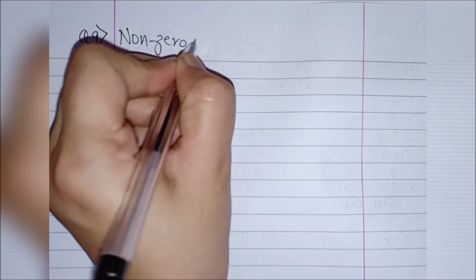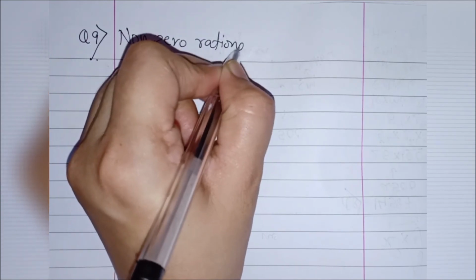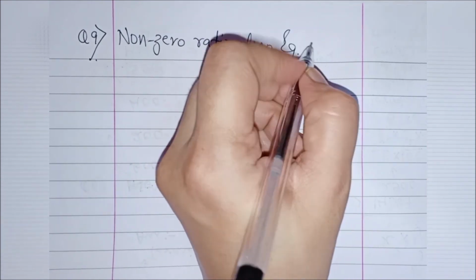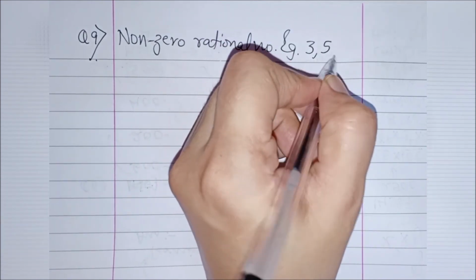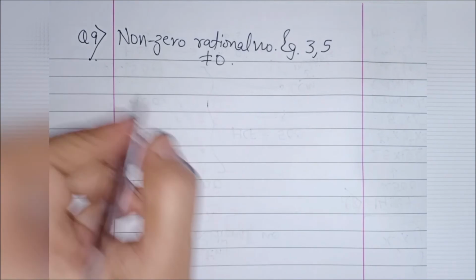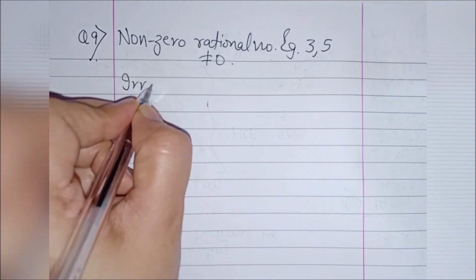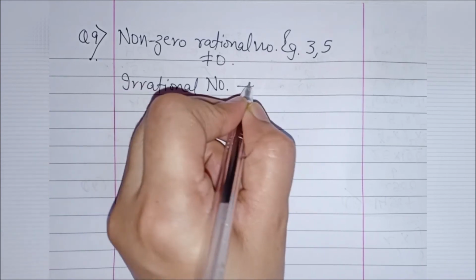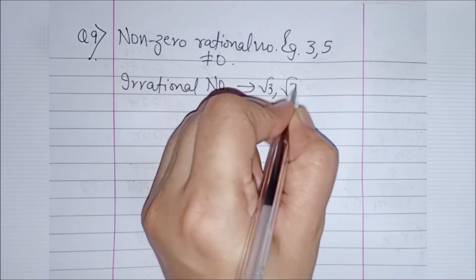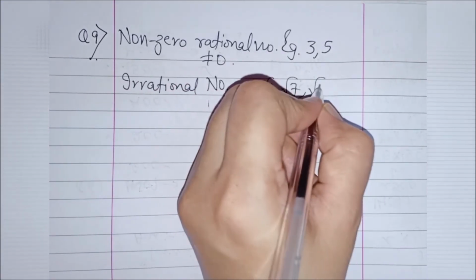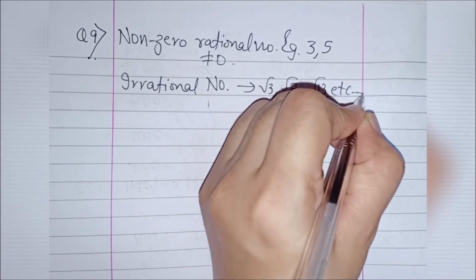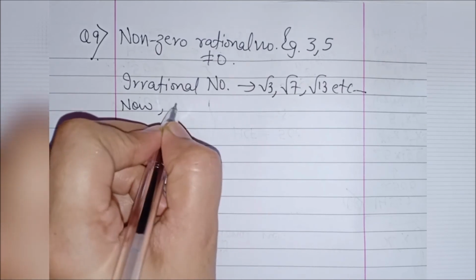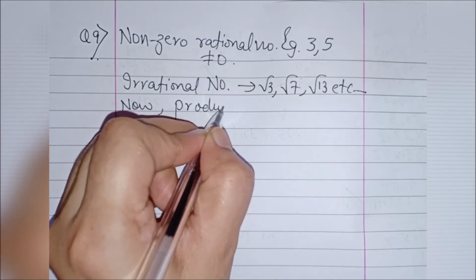So here the condition is one of the numbers is non-zero rational. So let's take an example, 3 or maybe 5. You can take any rational number, but it should not be 0. The other one is given as an irrational number. So you can take all the square roots of non-square numbers, for example root 5, root 7, root 13, etc., and then take the product of these two.